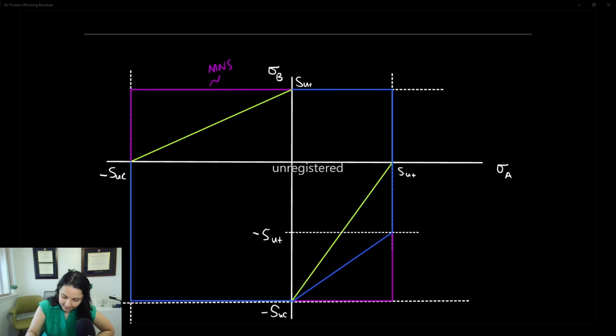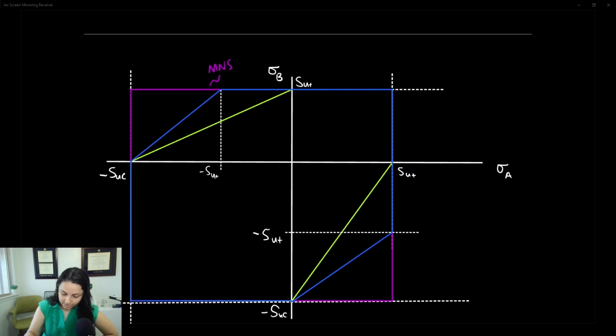And again, we can flip that over the y equals x line. All right, and there are our three failure envelopes.